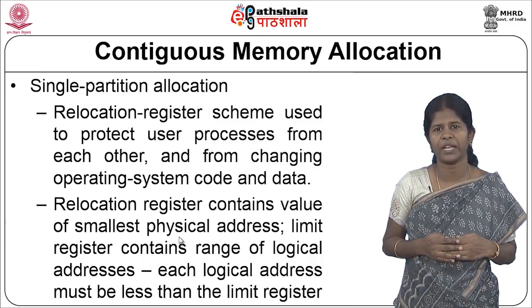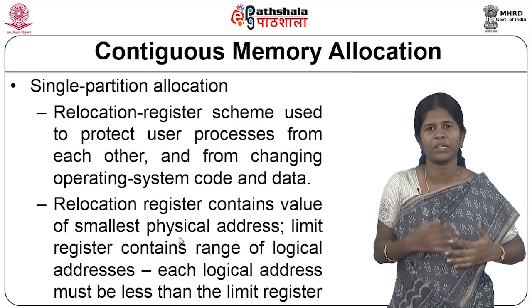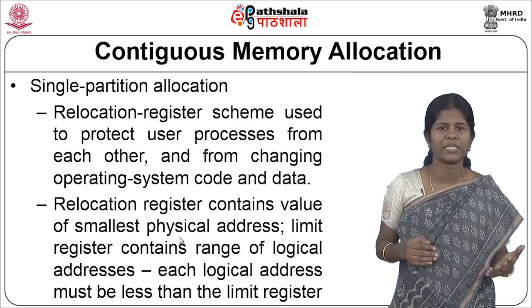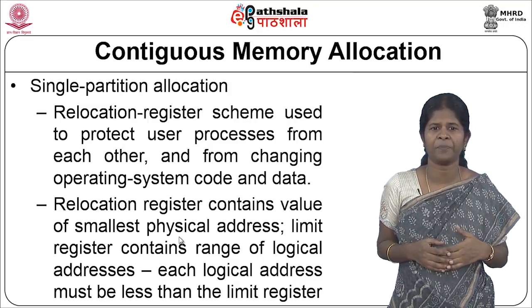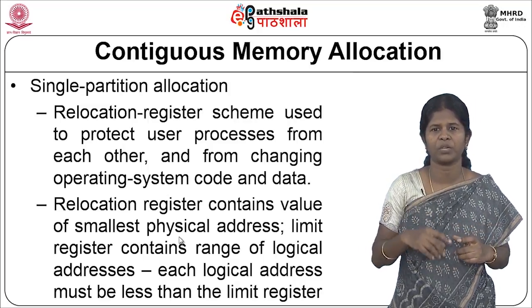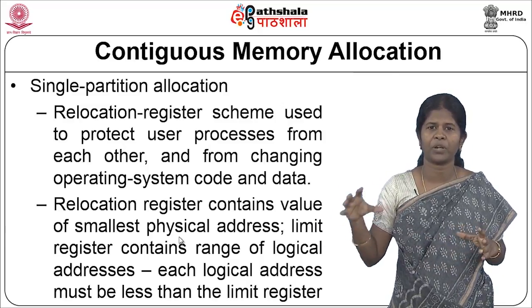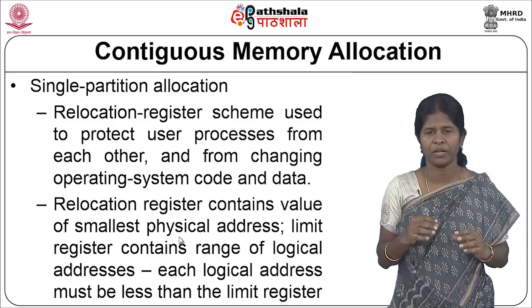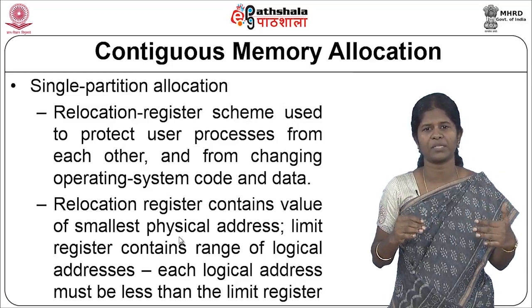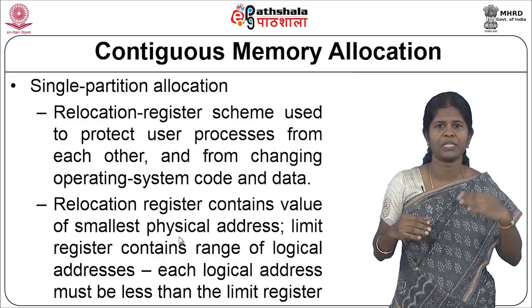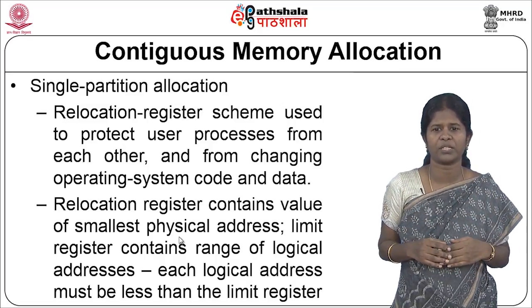In single partition allocation, the whole memory is looked at as a single big partition, and you use a basic scheme like the relocation register scheme, where you protect one user process from the other process and so on. So, you bring in the process, put it into the main memory, and you remember the starting address from where this particular process is kept in the main memory, and that starting address is placed in the relocation register.